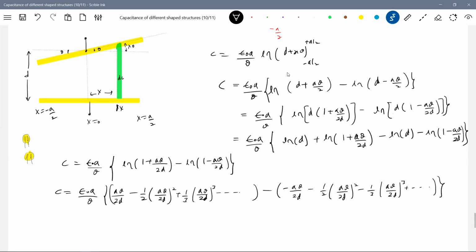Okay, now I think some quantities will cancel out. C is equal to epsilon naught a by theta times these. These two will get added up. The minus 1 by 2 terms will get subtracted. So then this will become a theta by d plus 2 by 3 of a theta by 2d whole cube.